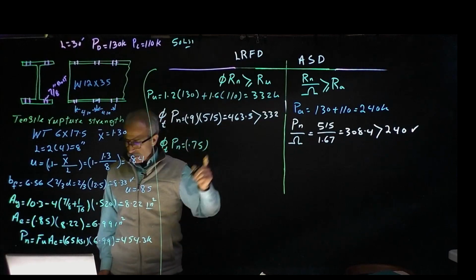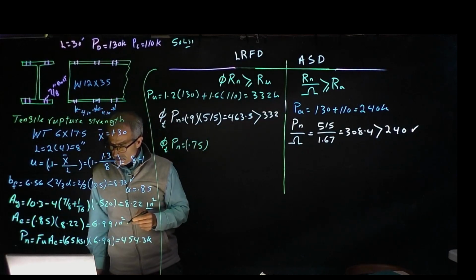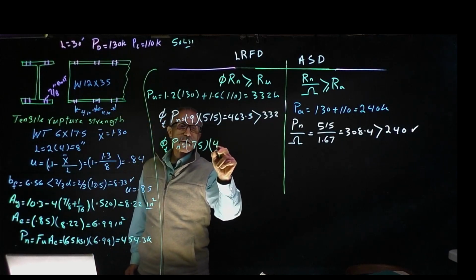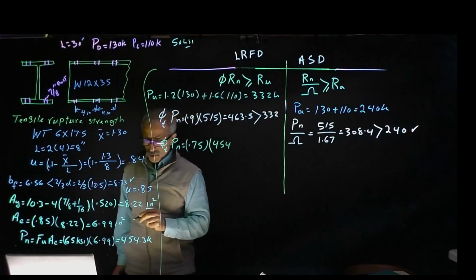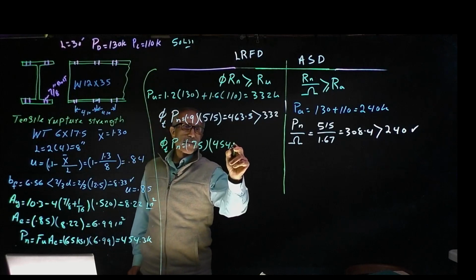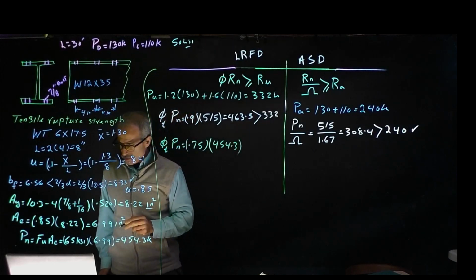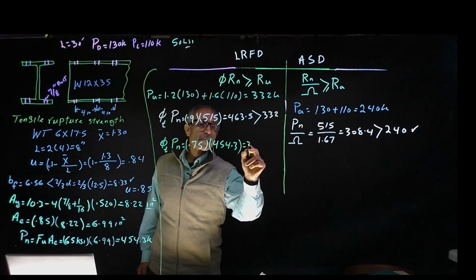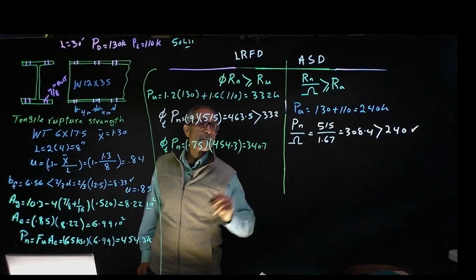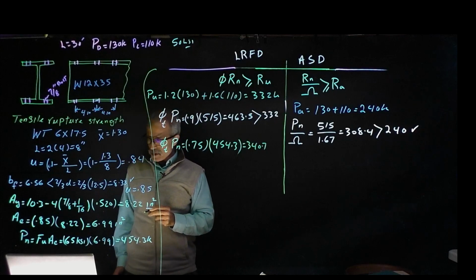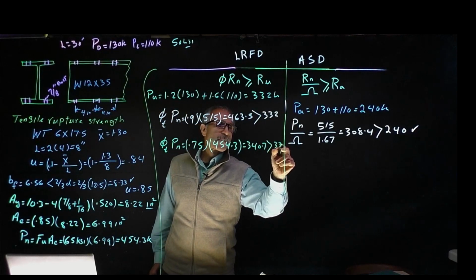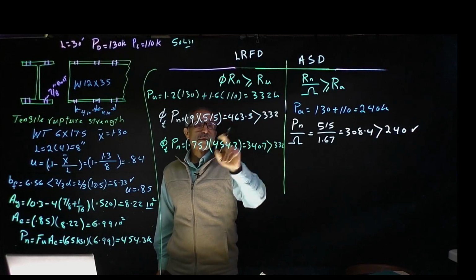Again, look at the board, what I have, and multiply by 454.3, and that comes out to 340.7, which is bigger than 332. You can see this is closer than this.